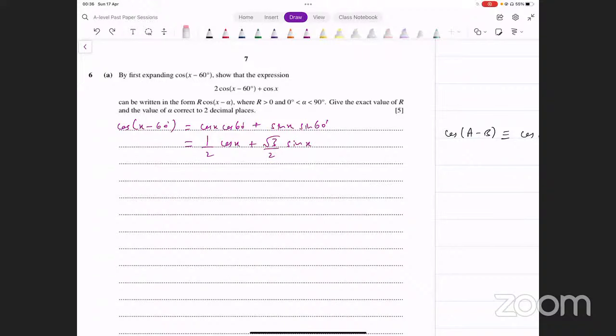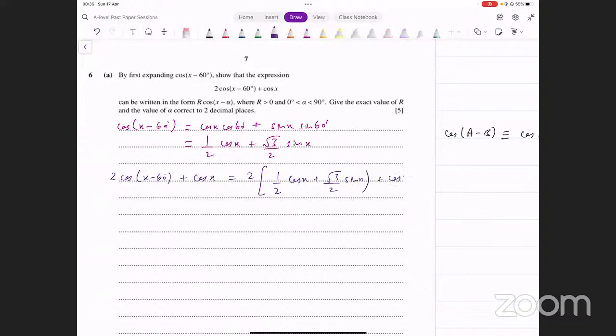हमें पहले क्या करना पड़ेगा? हमें ये evaluate करना पड़ेगा 2 cos x minus 60 plus cos x, right? So that's what we do first. Let me try that. 2 cos x minus 60 plus cos x. What does that give us? 2 से multiply कर दें इस पूरी चीज को. That becomes 1 over 2 cos x plus square root of 3 over 2 sin x.